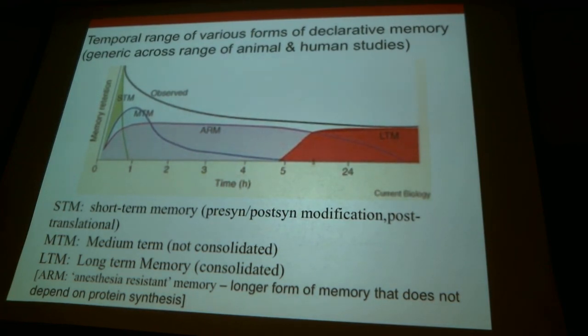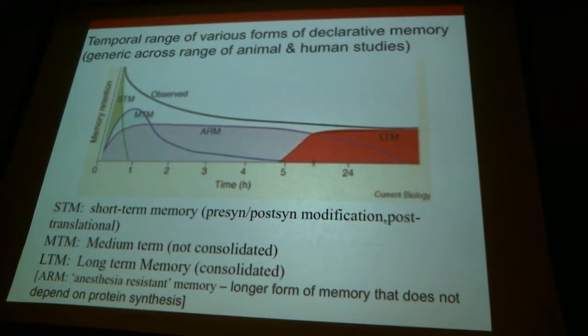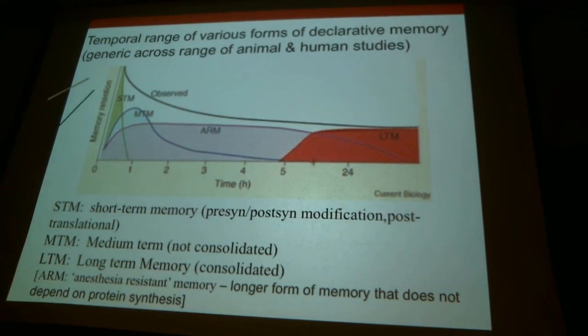But generally, we can divvy up memory into something. The y-axis here is amount. You can think of this as the amount of memory retention versus time. So we all have a short-term memory that happens over a very short period of time. I tell you 7 digits, how long can you remember them, right? So that's a short-term memory.